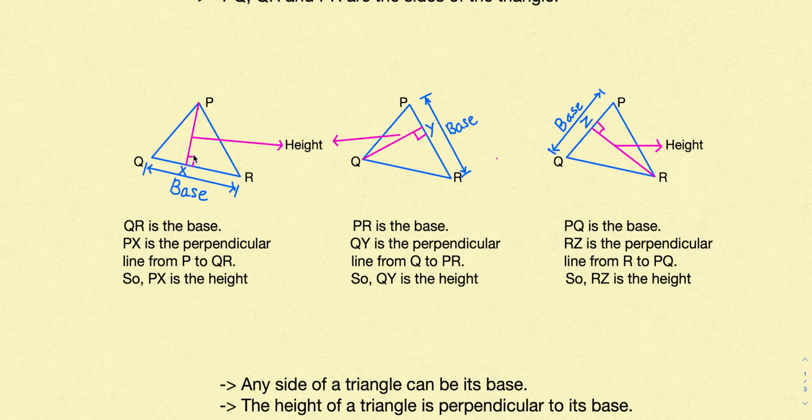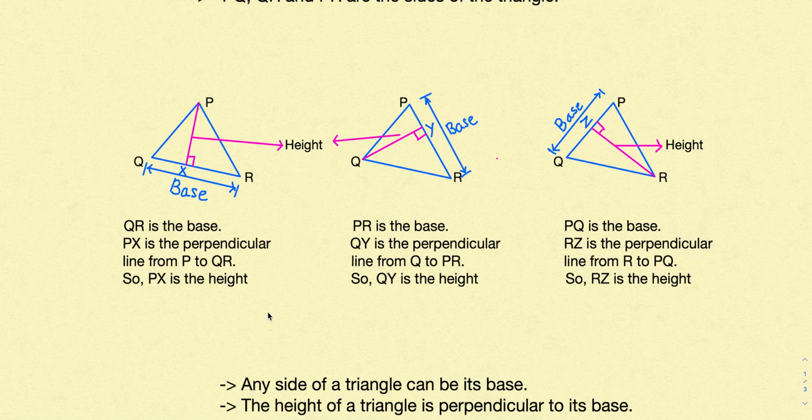What do I mean by third vertex? For the base, we have the base drawn between Q and R, so two of the vertices are used. We are left with P, the third vertex. So from this vertex, if I drop a perpendicular line on QR, then that's the height of the triangle.